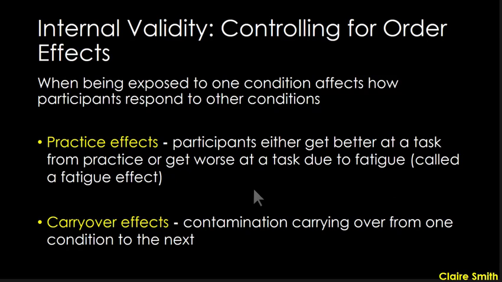Or fatigue, if you're doing some sort of workout, something like that. Again, if they're doing something repeated amount of times, after a while they might get tired of doing it, so they get worse, not necessarily due to any change in the independent variable. Another type of effect is called carryover effect, which is a contamination carrying over from one condition to the next.